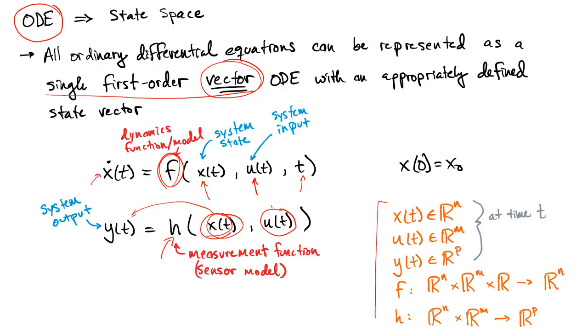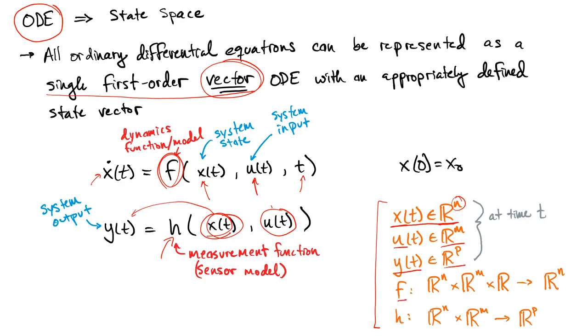And over here, we just have some fancy mathematical notation just to be precise. Really, what this bold symbol R just means is that it's a real number, and it has n elements in it. So this means that this x at each time is a vector of n elements, this input u is a vector of m elements, and the output vector is a vector of p elements.